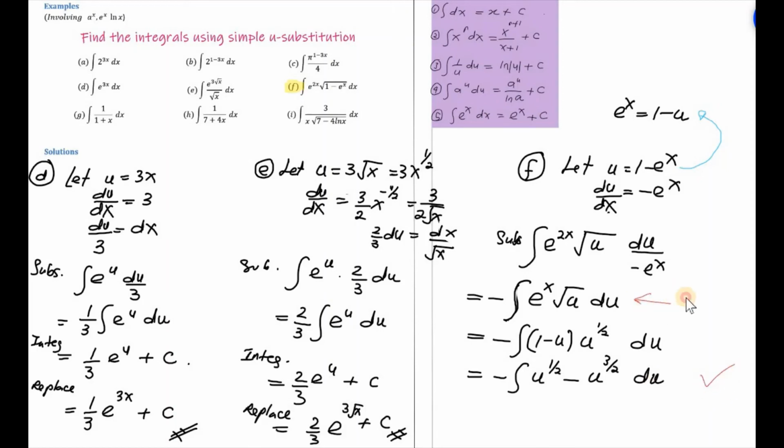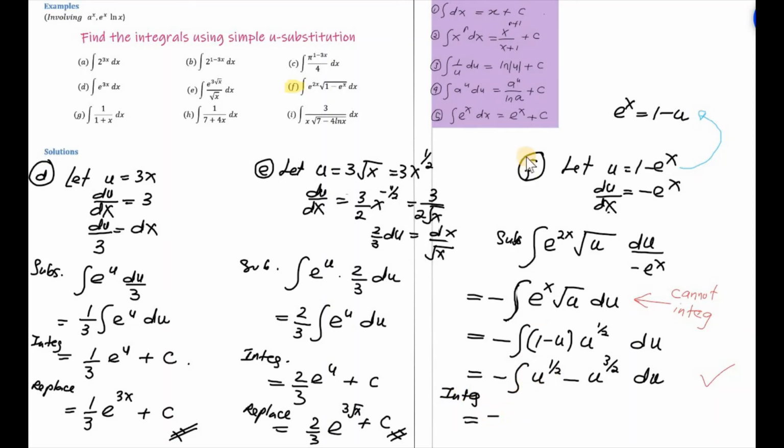Up to this level, cannot integrate. Sorry, I meant to say integrate. Just now I mentioned differentiate. You cannot integrate with two variables. So let us integrate. Okay, now we can integrate, right?